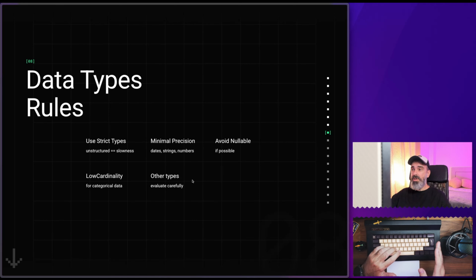Avoid nullables if possible because they add some overhead. Use LowCardinality for categorical data, as it has a huge improvement on compression. And if you plan to use other types like enums, maps, arrays, evaluate carefully. Arrays are usually fine, but others might need careful evaluation.